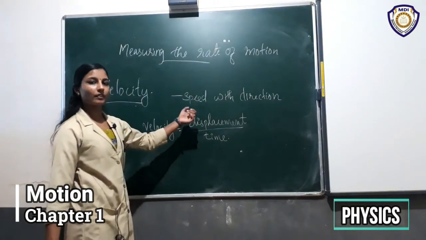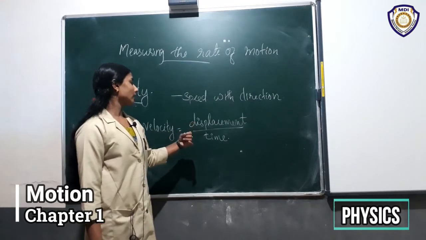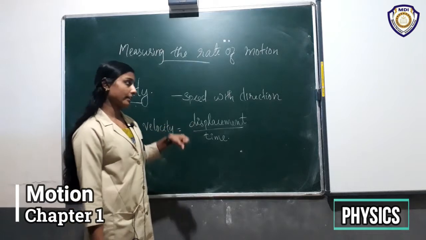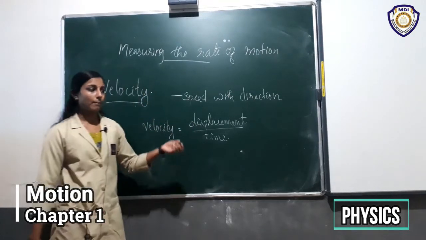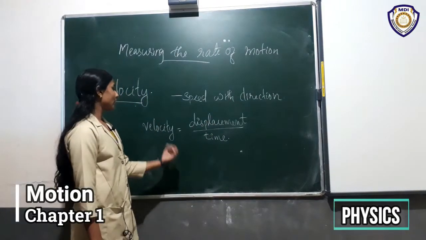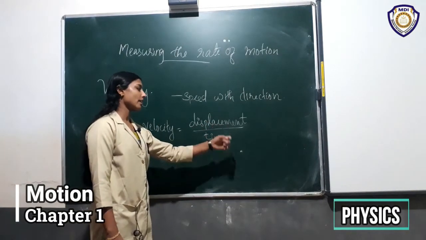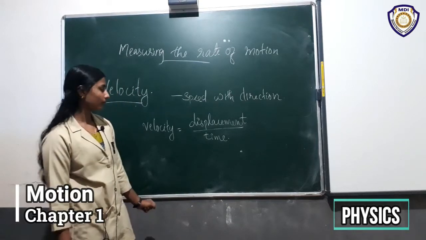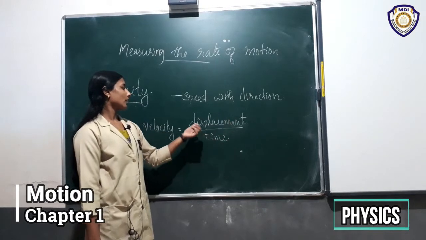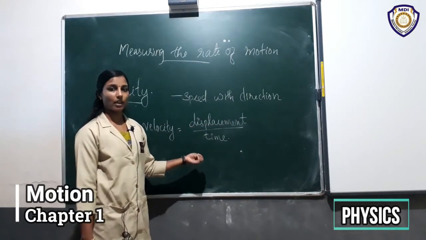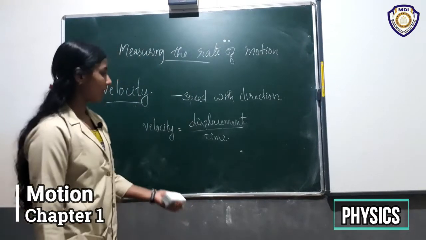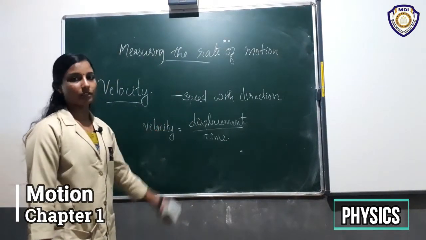You already know that displacement is a vector quantity. That means displacement has magnitude as well as direction. So velocity can be written as displacement by time, that is, it is the rate of change of displacement.